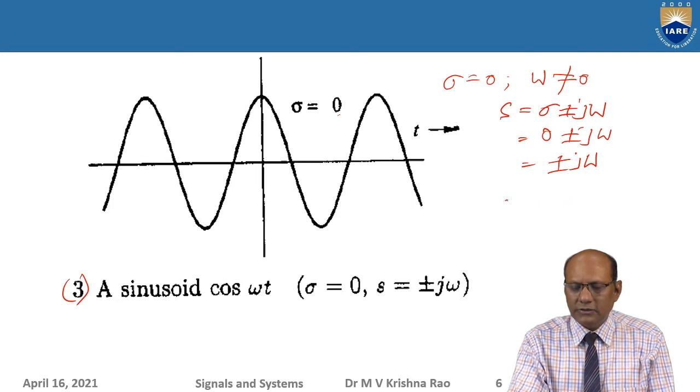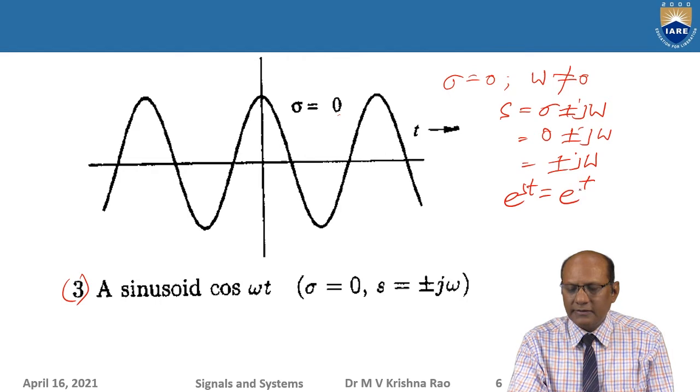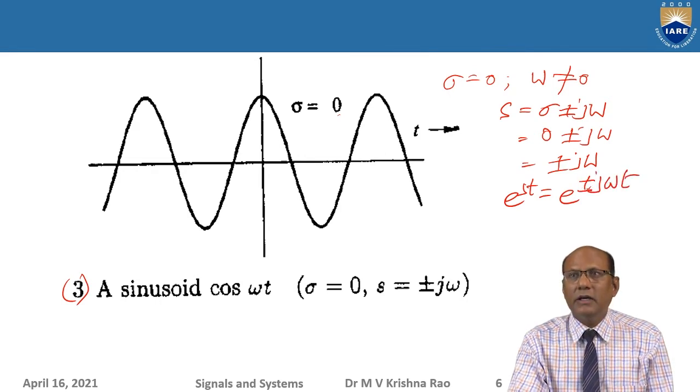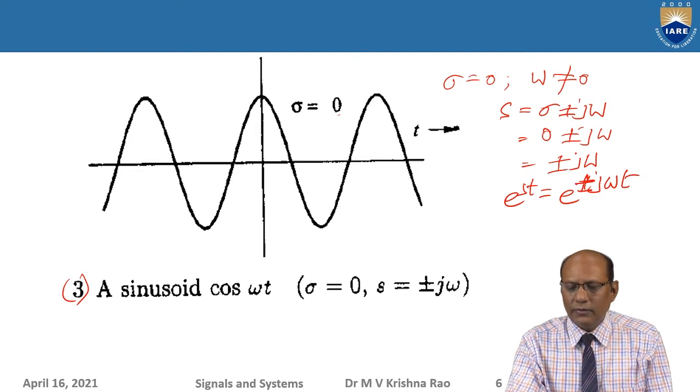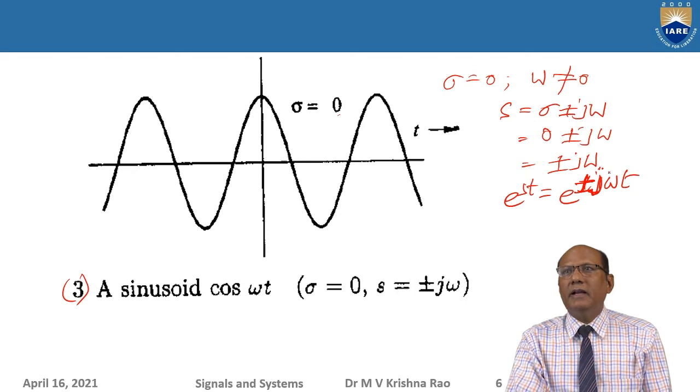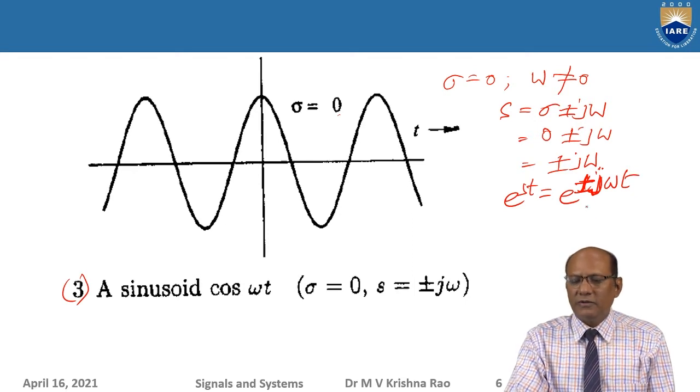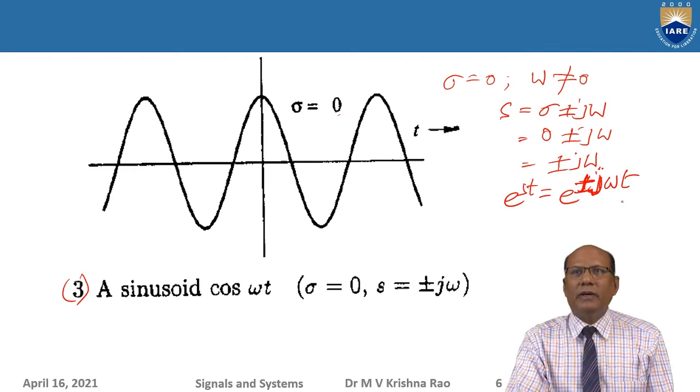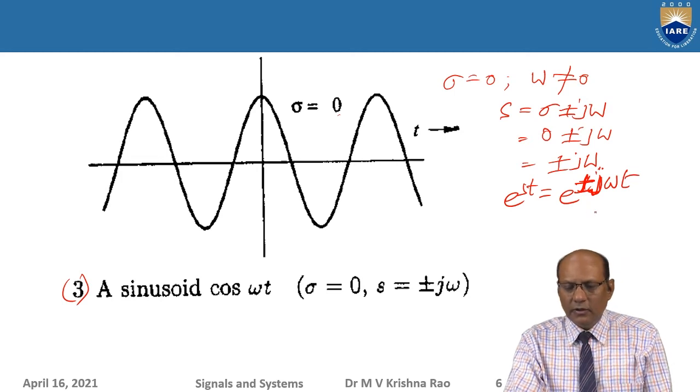Because e to the power of st, if I take e to the power of plus or minus j omega t, this is what you have. So e to the power of st means e to the power of plus or minus j omega t. So this is when sigma equal to 0.